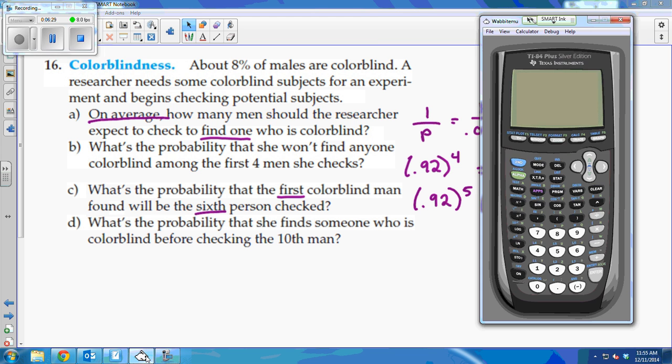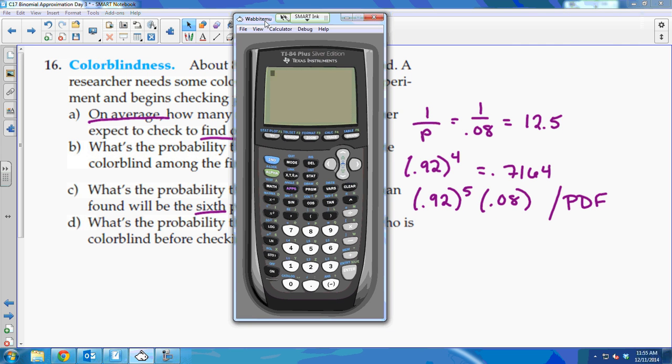So, we would do 0.92 to the 5th times 0.08, that's one possibility. Or you use geometric PDF. We have a probability of getting a colorblind person as 0.08, and we're trying to find if it happens on the 6th person.